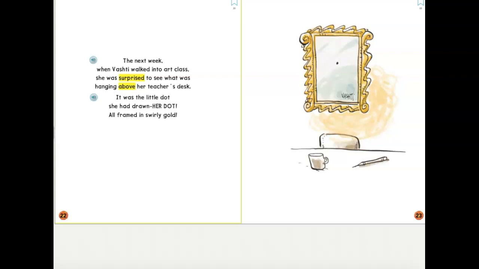But now that she sees her dot hanging on the wall in a beautiful frame, she is surprised. Do you think it was a good idea that the teacher framed Vashti's picture? I think that it was. I think this helped Vashti see that people did like her work, and it seemed to help Vashti feel better.